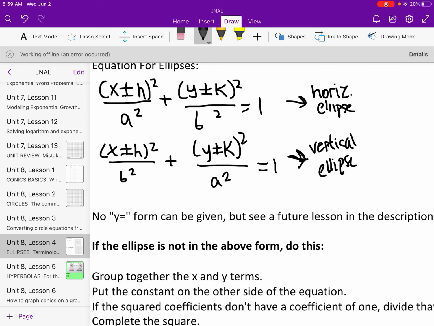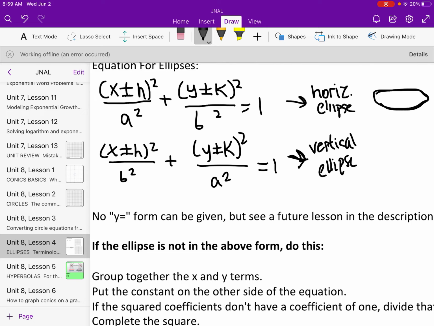So we have two equations. They're pretty much the same thing, but with a and b switched. I'm not going to read that out, but you can see how that is. It's like the circle, but instead you divide by a and b. But like I said, if x is divided by a, then it's a horizontal ellipse, and a horizontal ellipse looks like this.